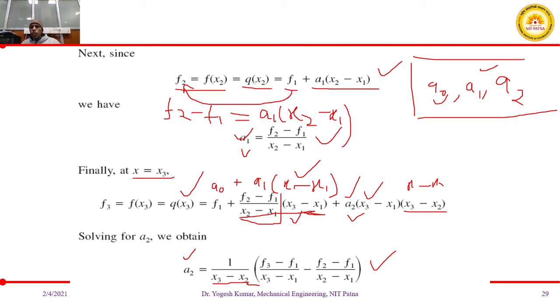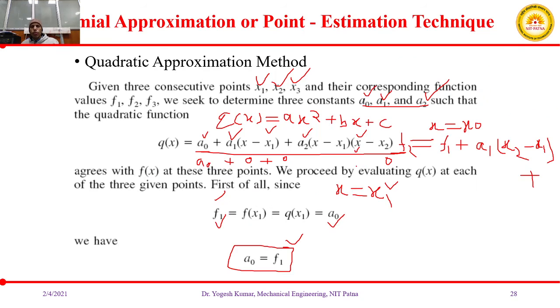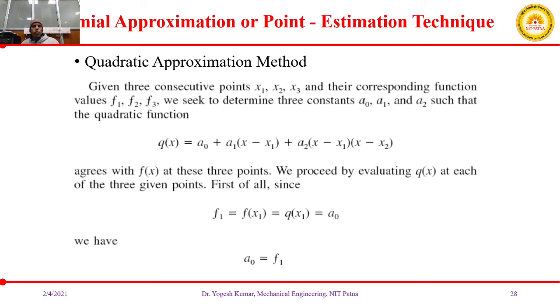Now again focus on your quadratic function. This quadratic function is a0 plus a1 times x minus x1 plus a2 times x minus x1 into x minus x2.